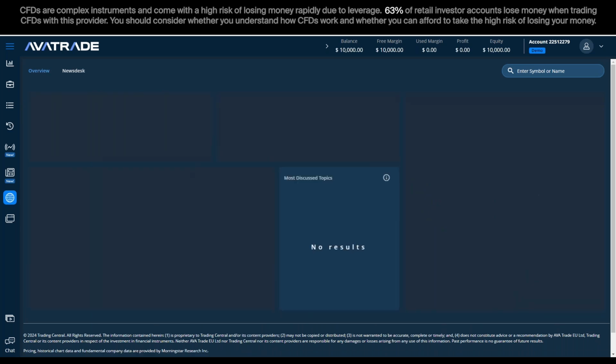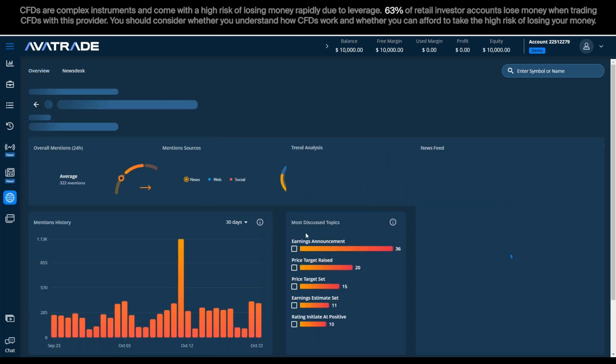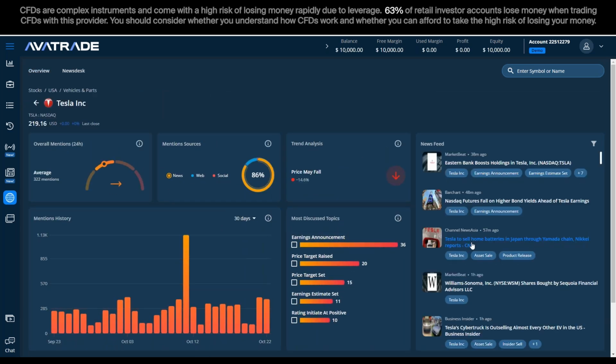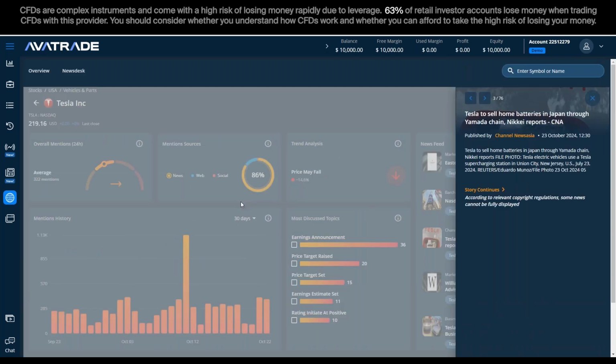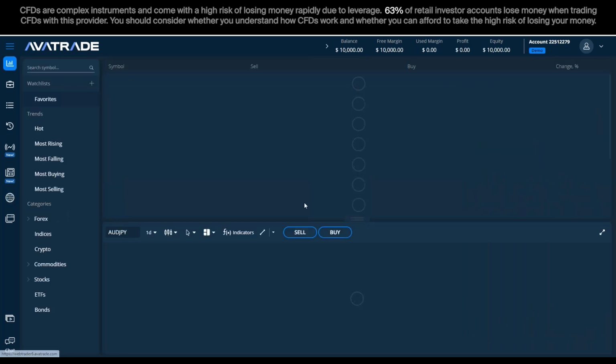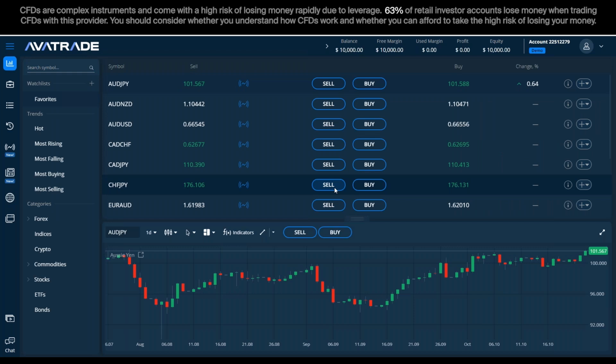Let's take Tesla as an example. You do it this way, and then you can click it, and it's going to show you here the article, and you can keep doing analysis. You can go directly to the website and do even further analysis, but that's entirely up to you.